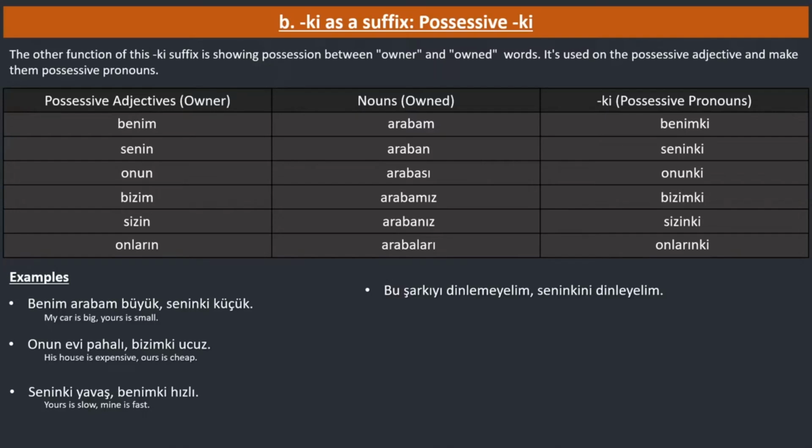In each case, I need to use the accusative case, but since I have seninki instead of şarkı, I can directly put ni on seninki. So seninkini, bu şarkıyı, to this song, dinlemeyelim, let's not listen. Seninkini, yours, dinleyelim, let's listen.